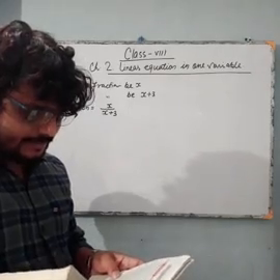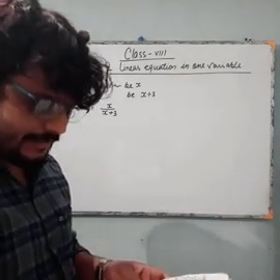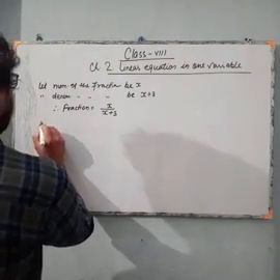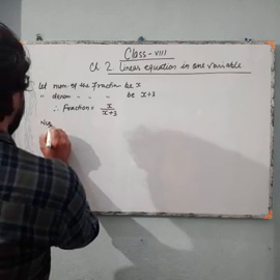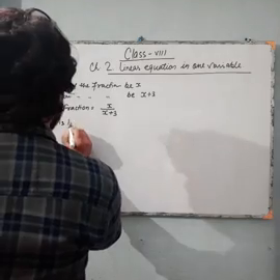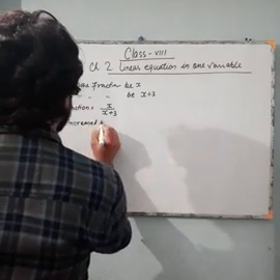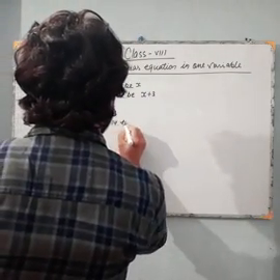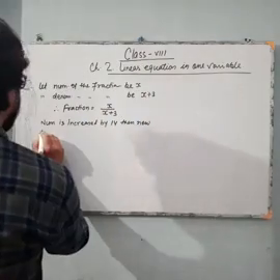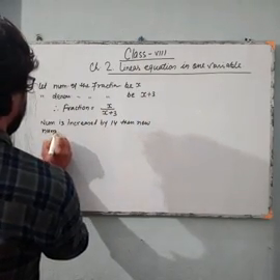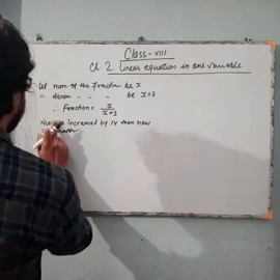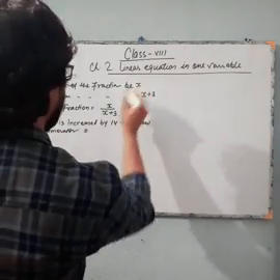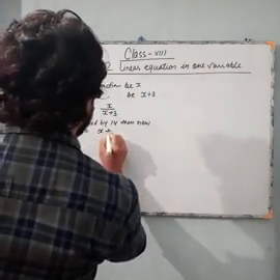Now, if the numerator is increased by 14 and the denominator is decreased by 3, then we can write: the numerator is increased by 14, then the new numerator is equal to x plus 14, since our numerator is x, which is increased by 14.